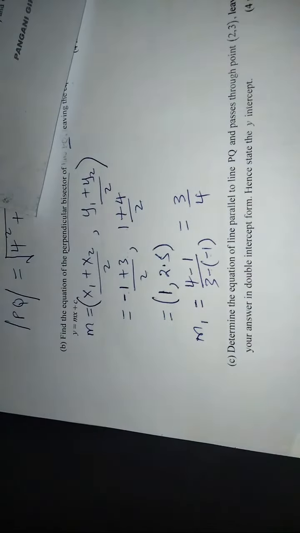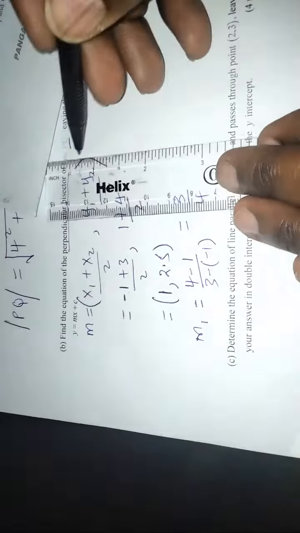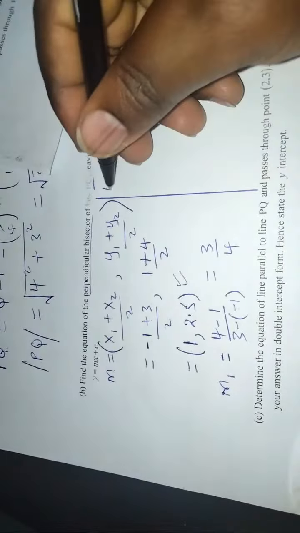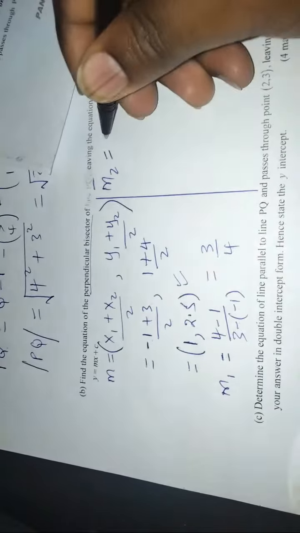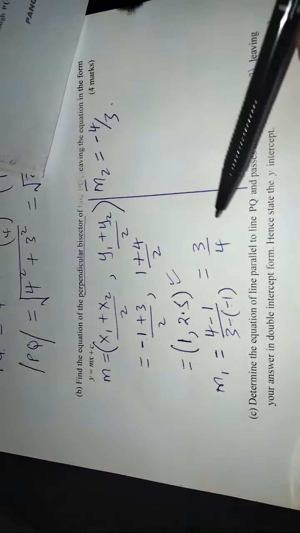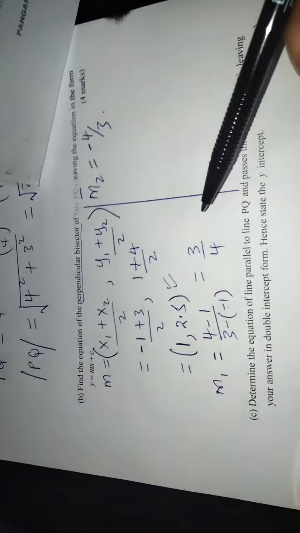Something else which has to be noted is that we are working out the equation of the perpendicular bisector, which passes here, and now the gradient has to be known. Therefore, gradient 2 is -4 out of 3, because gradient 1 and 2 should be multiplied to give us -1.